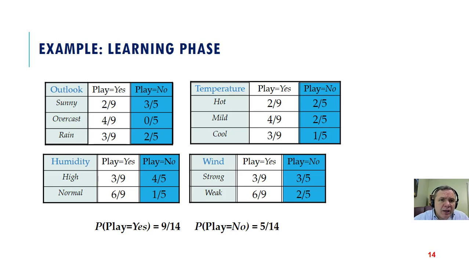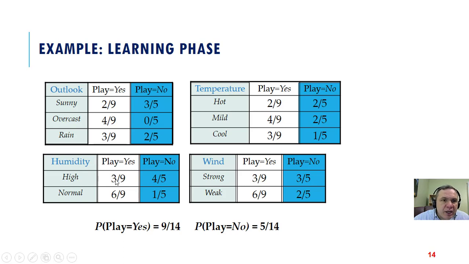Over the cases where it's sunny, 2 were positive, people were playing tennis, and 3 were negative, people don't play tennis. So this feature is not helping us a lot in saying yes or no, whether people play tennis or not. When it's overcast, people always play tennis and they never don't play tennis. So that's a good indicator.